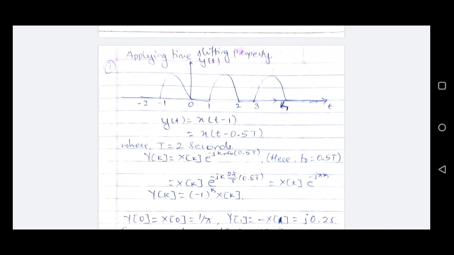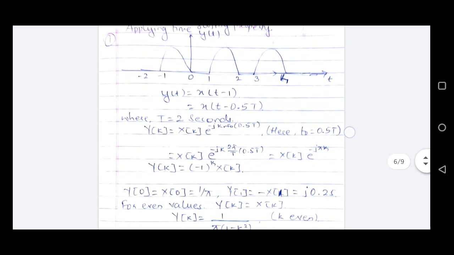If k takes an even value, then we'll get +1, and if k takes odd values, then we'll get -1. So this equation is valid. So y of k can be represented as -1 to the power k times x of k.